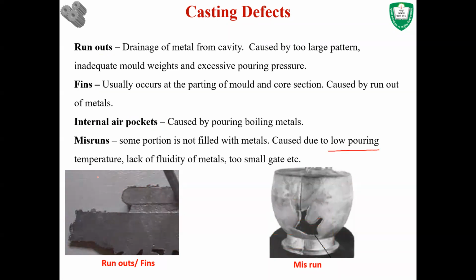Sometimes a low pouring temperature can also cause this kind of defect. Lack of fluidity means the metal does not flow properly. That means a highly viscous liquid metal is used. The material does not have enough time to reach the whole cavity. Instead, it gets solidified before reaching the whole region where you need to do the casting. So this is how the misrun actually works.